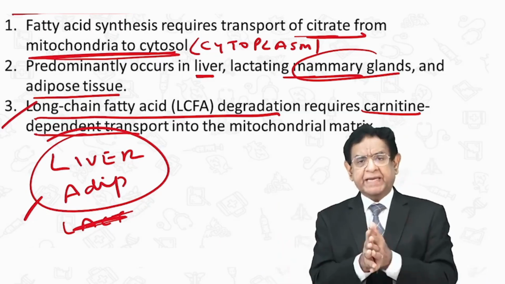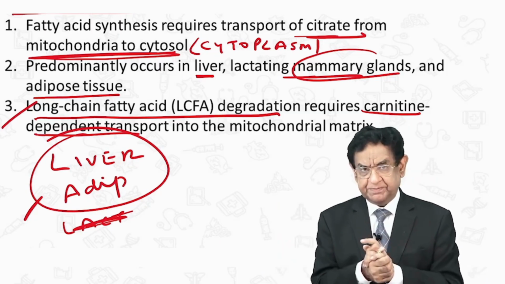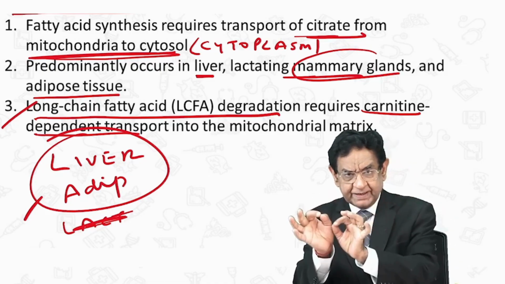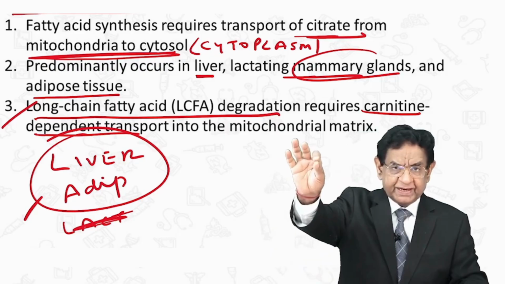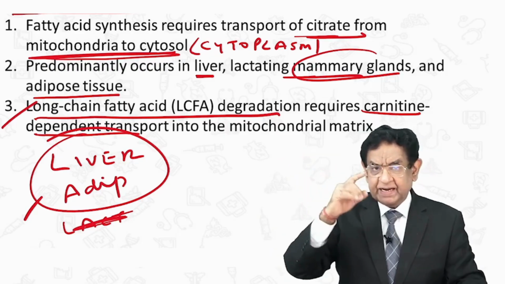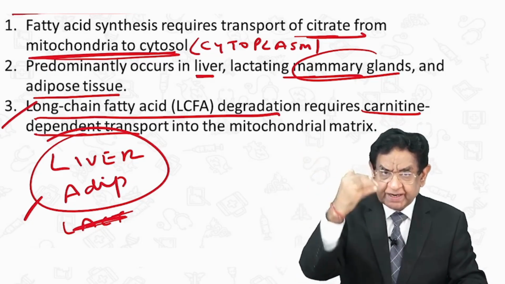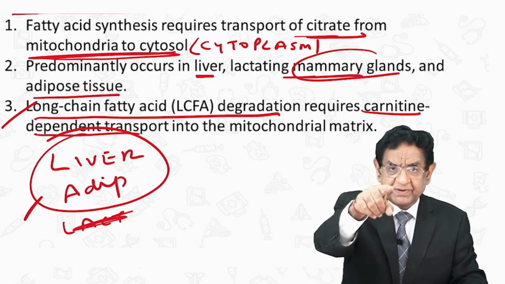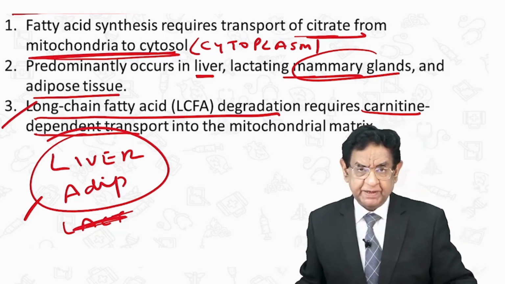So a quick recap of fatty acid metabolism. It started from acetyl coenzyme A, and ultimately fatty acid was made, and of course citrate went out. Citrate went out and made fatty acid in the cytoplasm.